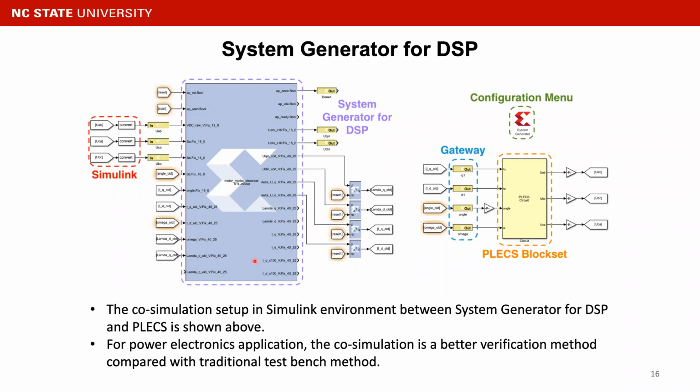To export that to the Vivado environment for the system synthesis, we can double-click this configuration menu, and it will show you the export options so that you can package all this design into an IP core. Then you can directly use this IP core in the Xilinx Vivado software so that you can add that into your design.